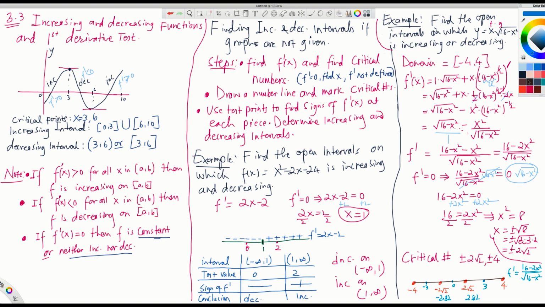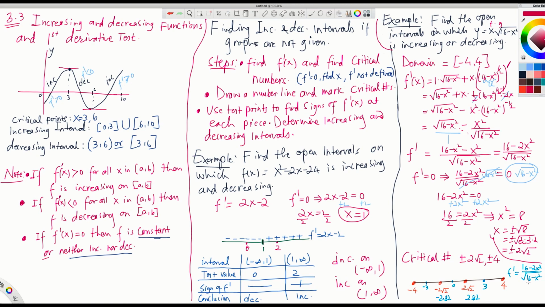If I plug in the test point negative 3, what do I get? It will be 16 minus 2 times negative 3 squared. Negative 3 squared is positive 9, and 9 times 2 is 18. So 16 minus 18 gives a negative sign on the top.